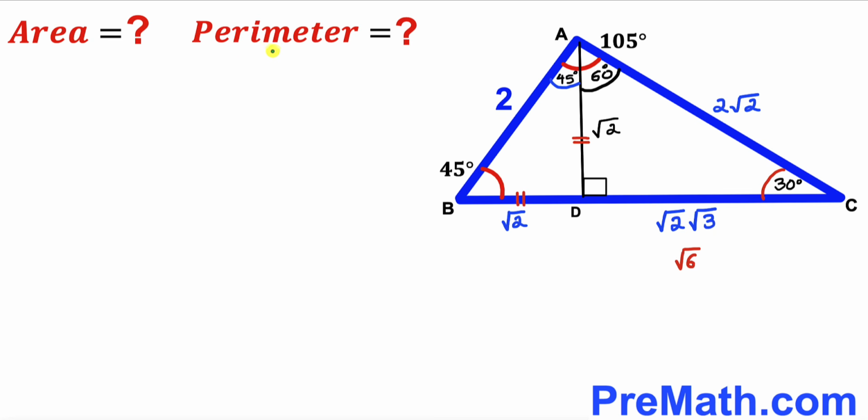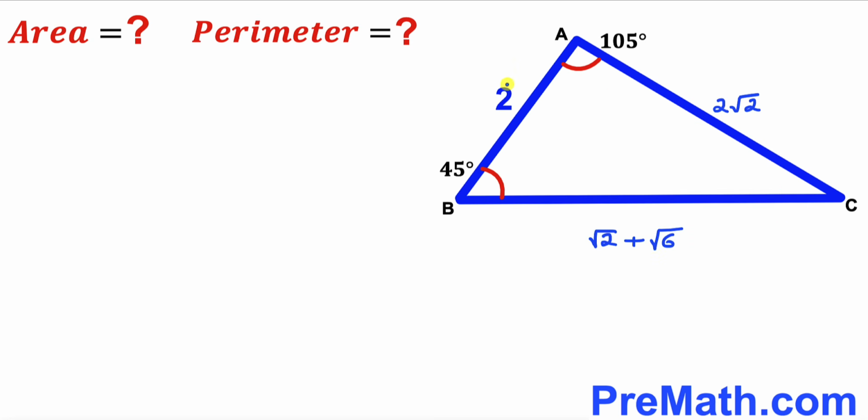And here's our final step. Now we are going to calculate the perimeter of this triangle as well. And now let's focus on this part, this CD segment length, square root of 2 times square root of 3. We could write this one as simply square root of 6. So therefore, this whole side length simply turns out to be square root of 2 plus the square root of 6.